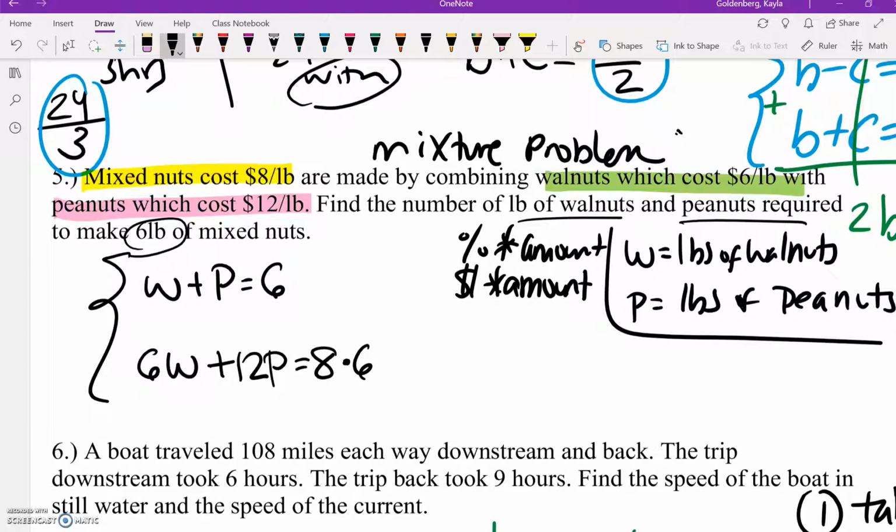So the way that this works is this is saying $6 times pounds of walnuts. So if I got 2 pounds of walnuts, it would say that's going to cost you $12, plus however much money the peanuts cost, should get us a total of 8 times 6, or if I write that out, 48. And this is a 2-variable system, so this is one that you can definitely solve by hand.